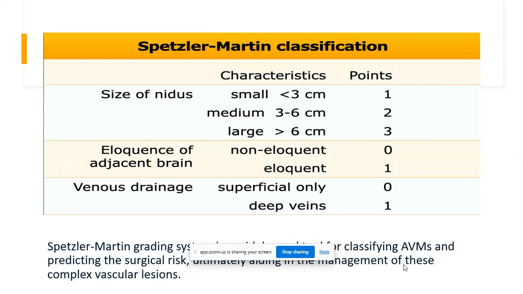And if they are graded 4 or 5, they are considered high grade and have higher rates of perioperative complications and lower rates of complete surgical removal. Sometimes they are graded as grade 6, which are inoperable. So definitely they involve risk for surgery in such patients.